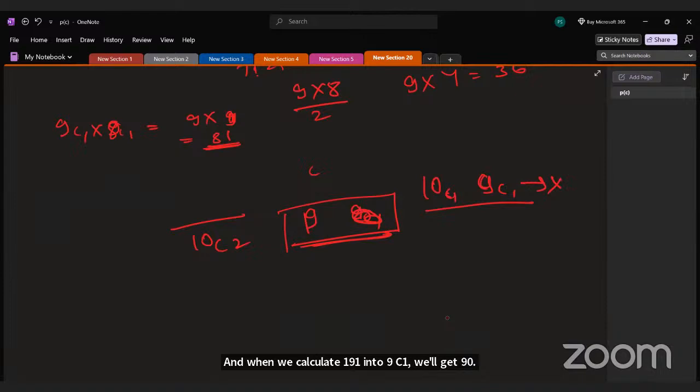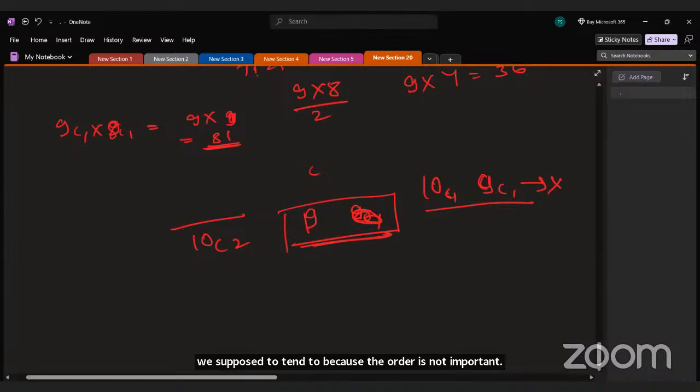Wait a second, let me find out. This is NPR, it is 10P2. What we are supposed to do is 10C2, because the order is not important. Sock 1 then sock 2, or sock 2 then sock 1, both are the same scenario.